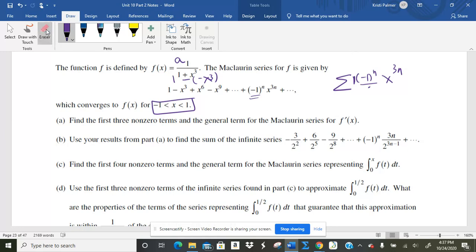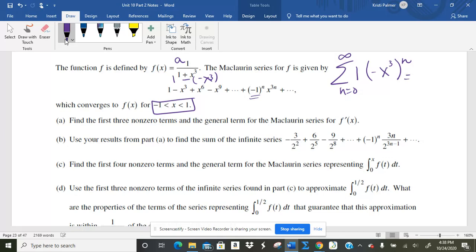Let me show you a little bit better way. You're gonna love this. So if this is my a, then I have 1 minus my r, 0 to infinity. See if you get that.